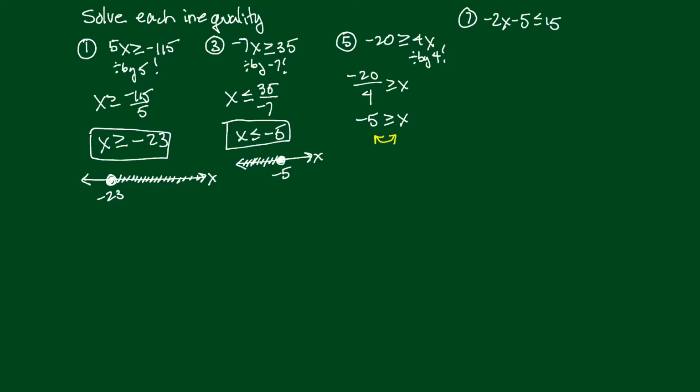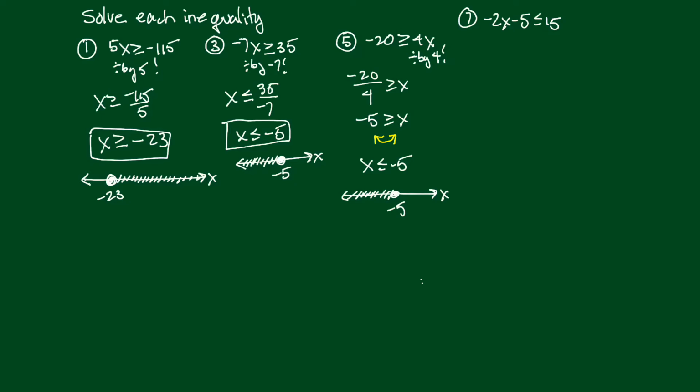Just imagine grabbing onto that and flipping it over. So if negative 5 is greater than or equal to x, x must be less than or equal to negative 5. That just makes more sense, just easier to read. So here's x, and again, there's our negative 5, and we're off to the left.